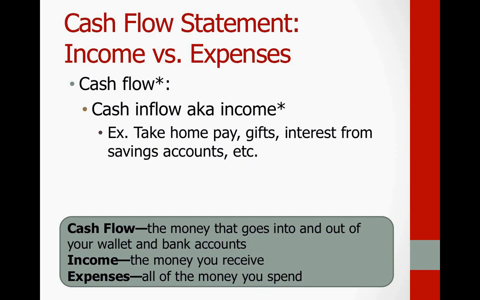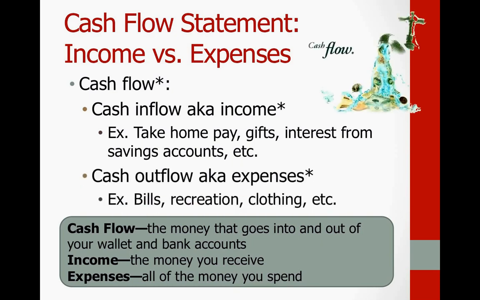So if it's your birthday and grandma mailed you a birthday card with $50 in it, that is now $50 flowing into your account, into your possession, into your wallet. So that would be income. If you earn any interest from savings accounts that we've been calculating with future and present value, that is new money flowing into your account, into your wallet. That's income.